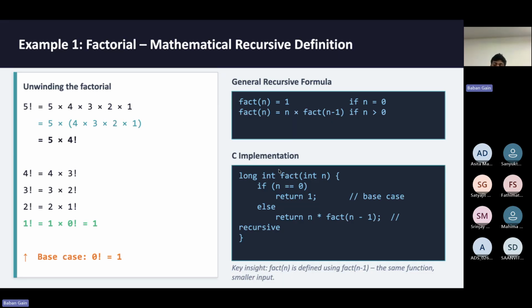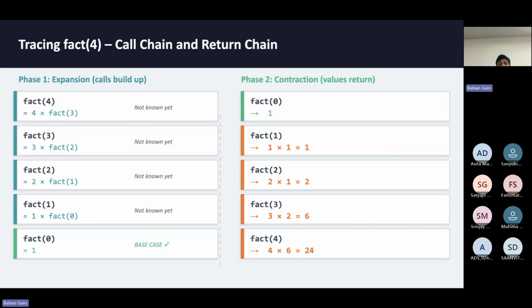We will not go to negative values. We'll return 1. So here this is the chain. Factorial 4 will consider 4 into factorial of 3. This will call factorial of 2, this will call factorial of 1, this will call factorial of 0. But this is the final value. There is nothing beyond it. So it will start multiplying back: 1 into 1 is 1, into 2 is 2, into 3 is 6, into 4 is 24. So factorial 4 will come as 24.